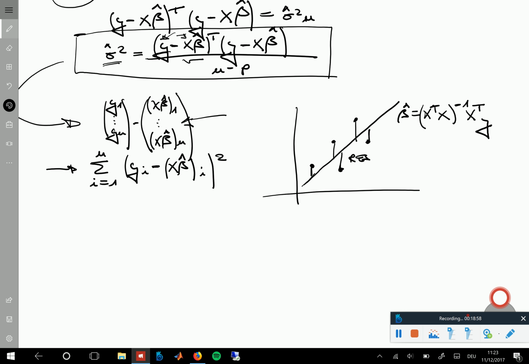Now you compute all these residuals. This is the observed data, this is your prediction, so this is exactly this difference here. You square them all and sum them up. And then, of course, you divide again by the number of parameters.